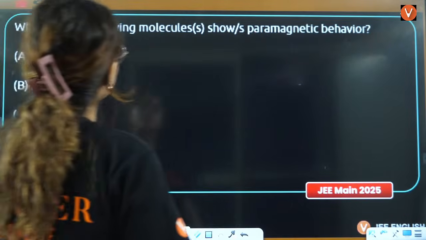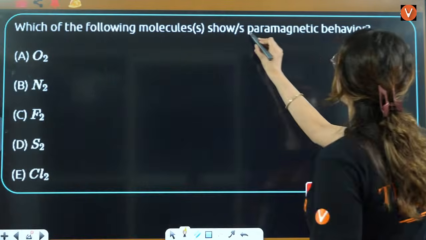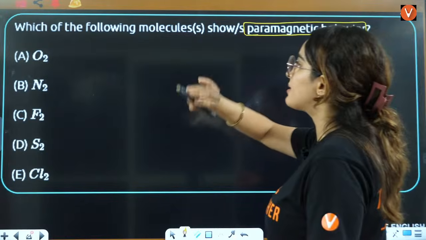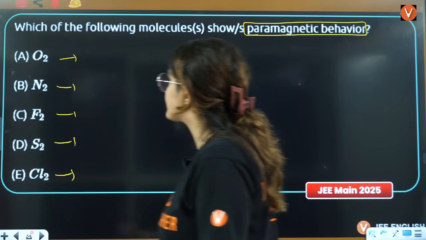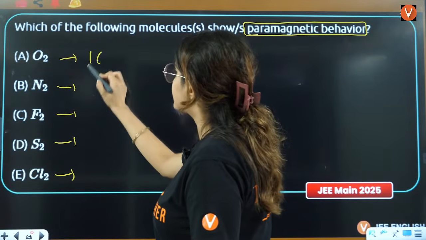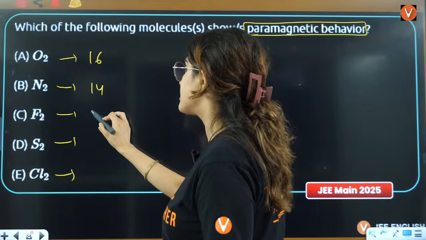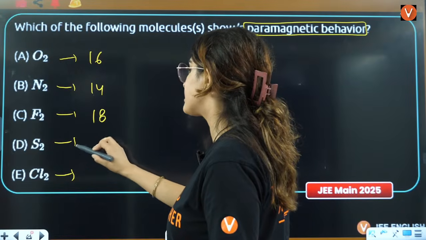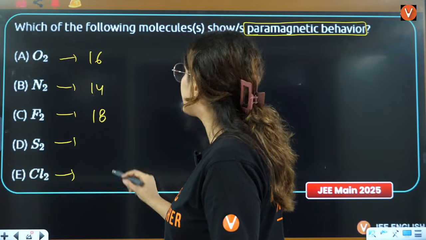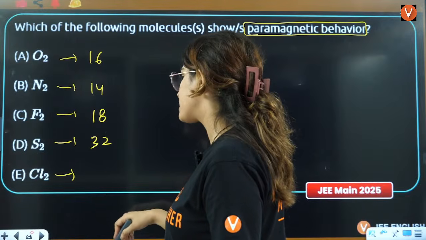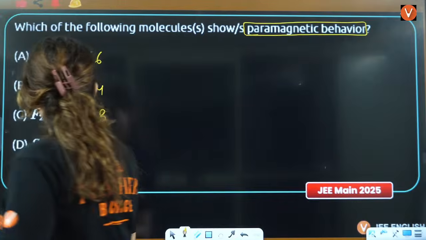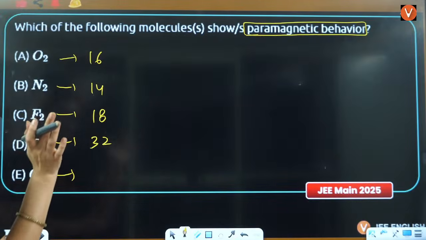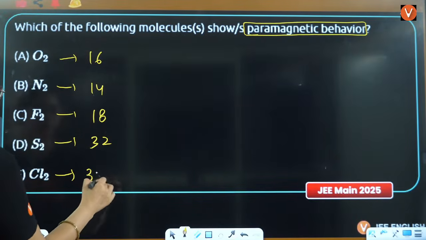Okay, which of the following molecules show paramagnetic behavior? Again, from a simple trick we will do this. Simple trick, guys, right? This is 16, this is 14, this is 9 to 18, this is 32, right? And this is chlorine 35, right?